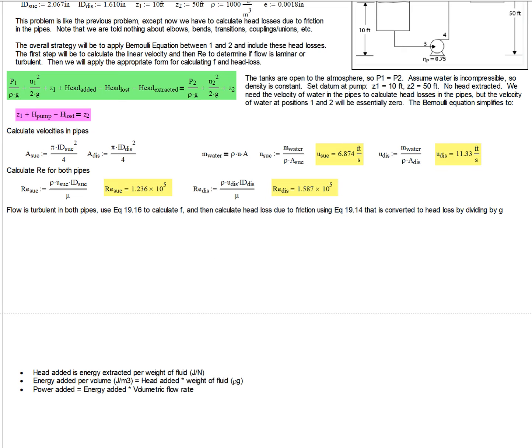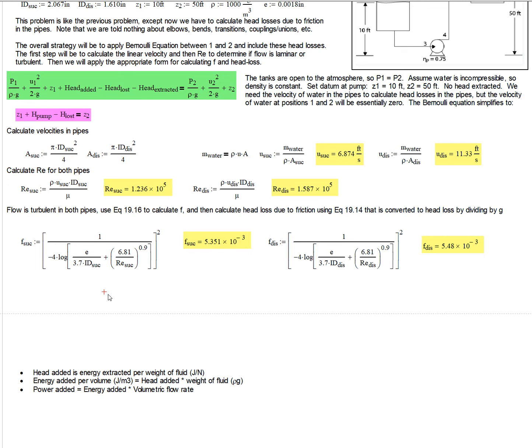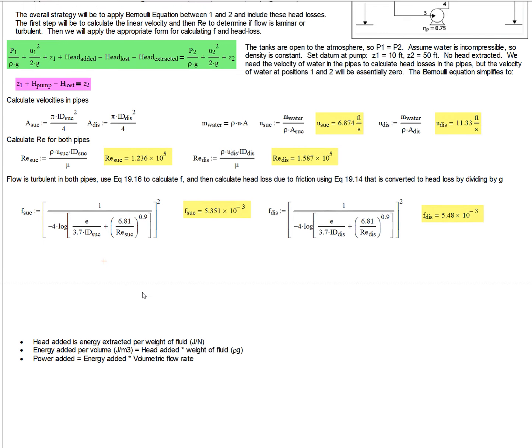And so the equations are pretty involved here. But what we've done is we've taken those equations and solved for the friction factor on the suction side. So it's about 5.3 times 10 to the minus 3. And on the discharge side, that is about 5.48 times 10 to the minus 3.